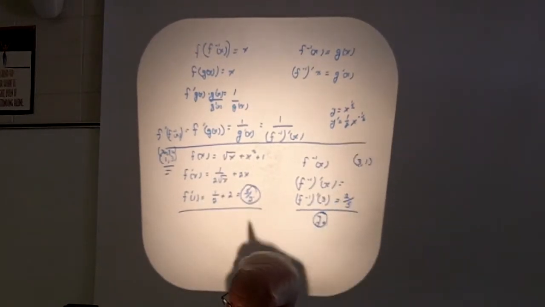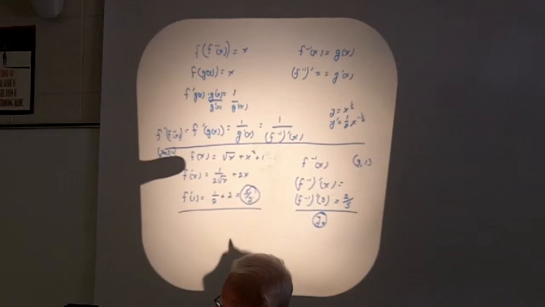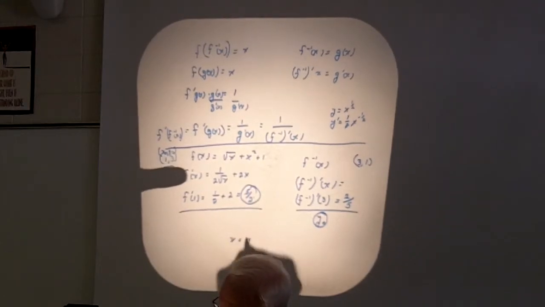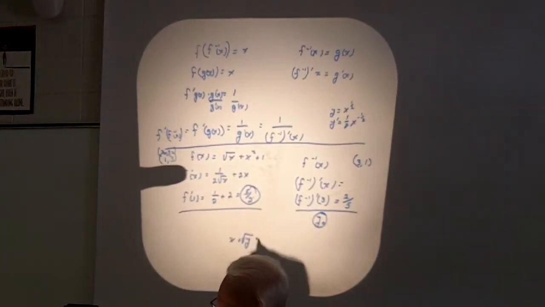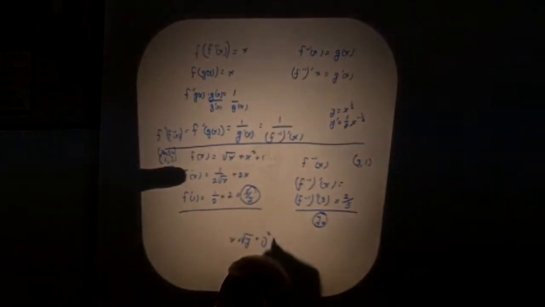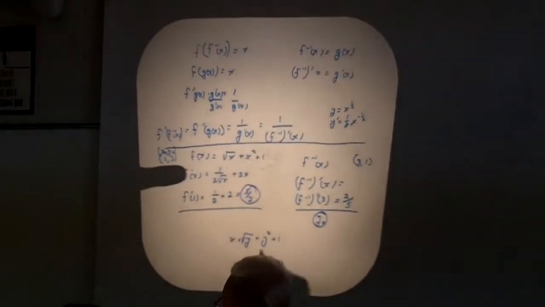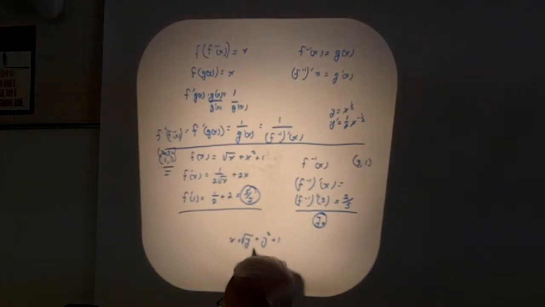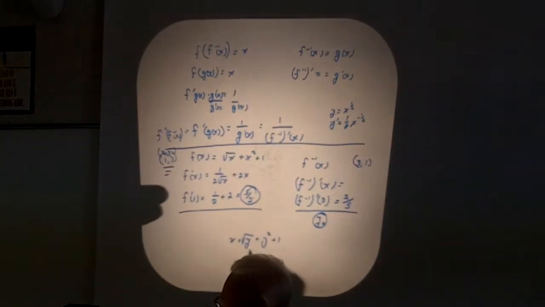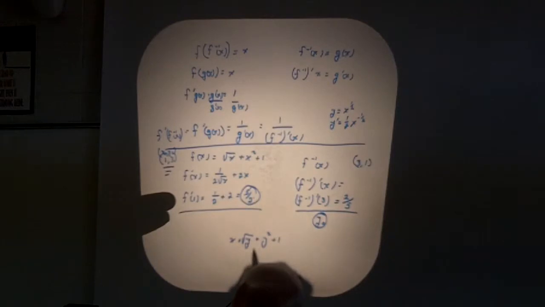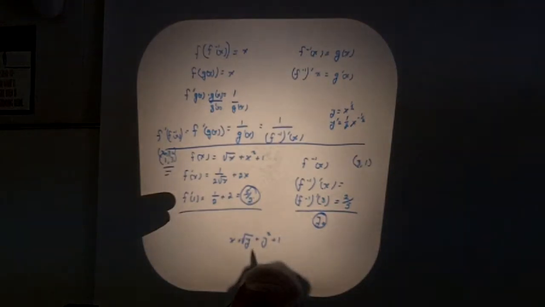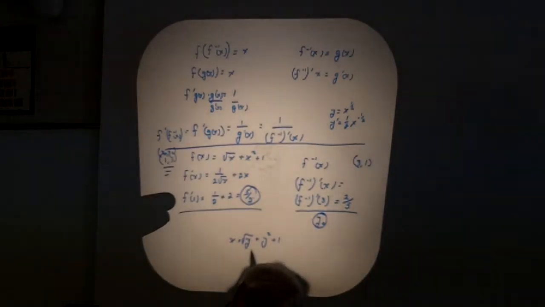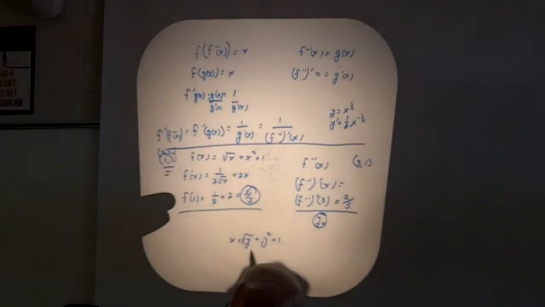And if you're going to do it that way, then this here has to be x equals the square root of y, plus y squared plus 1. And then you solve that for y. Why would you do that though? You already know all the parts you need. Because you know f prime and you know your x and y points. And that's all you need.